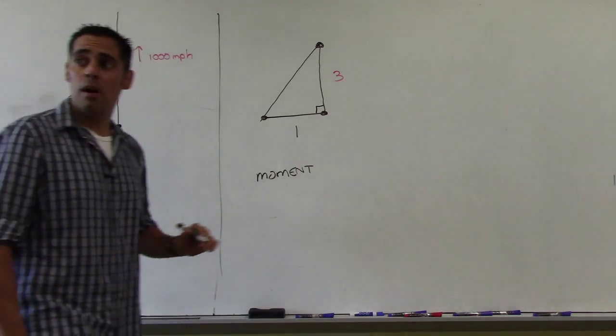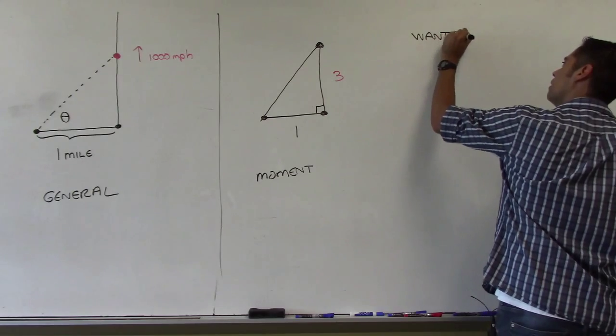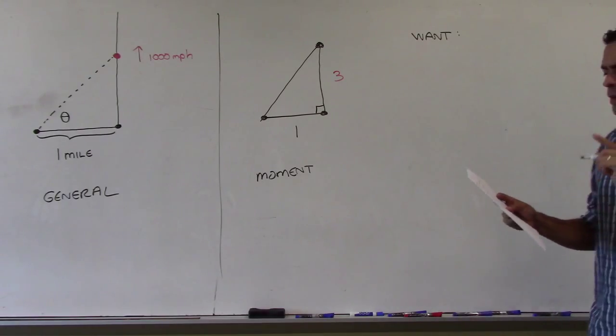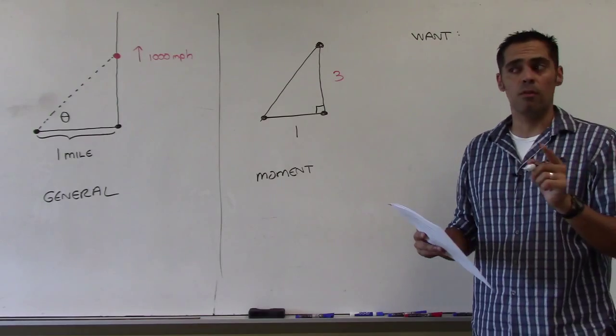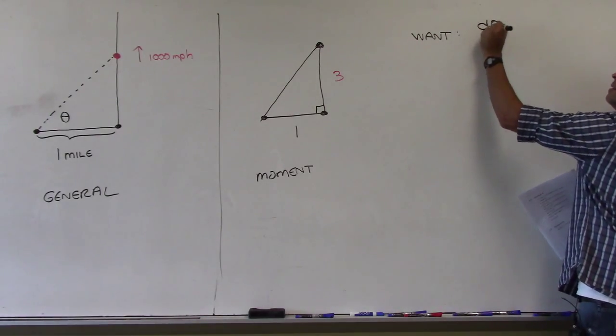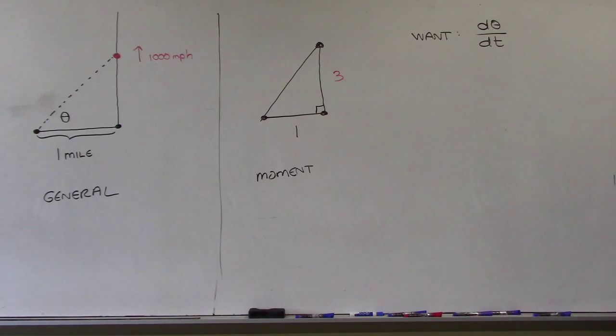So what is it that we want to find? How fast is the observer's angle of inclination changing? So we don't want theta, we want d theta dt. We want to know how quickly the angle is changing with respect to time.